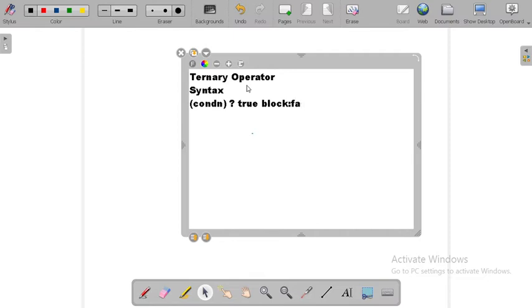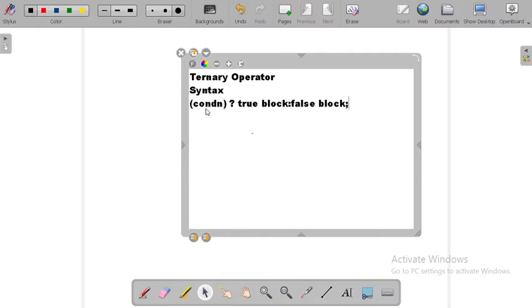Now this statement is terminated with this true block and false block. This is the syntax of your ternary operator.